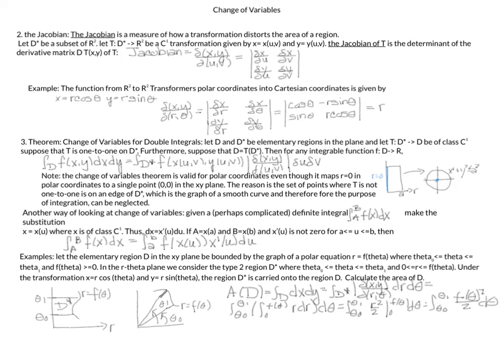When we make that transformation, we do have to multiply by the Jacobian. And here is our integral. So we go from theta equal to theta 0 to theta 1, and then r goes from 0 up to the function f of theta. And here's the Jacobian r, and then we're integrating the function 1, dr dθ. And then you can see it's worked out here.